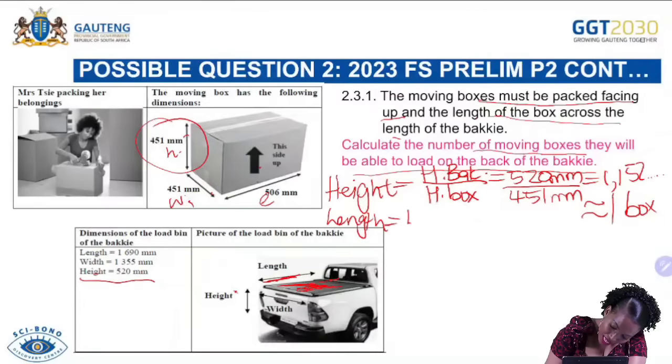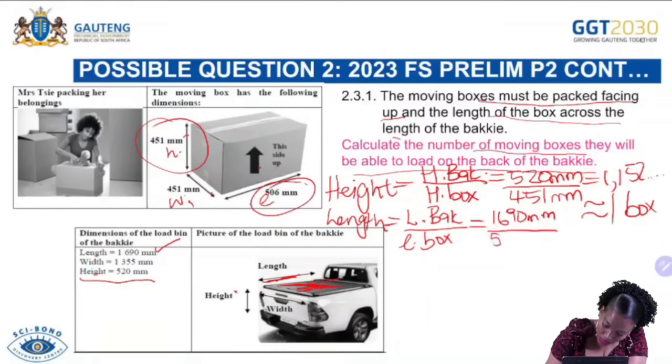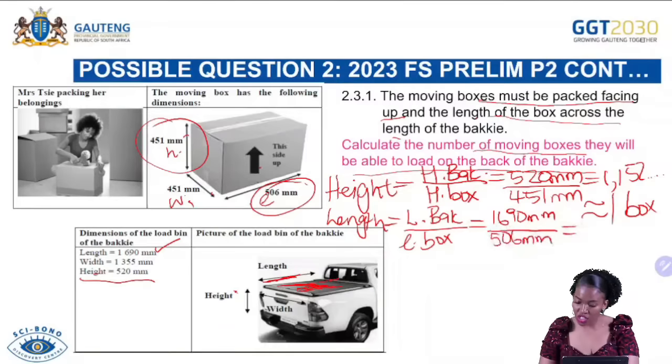And then if we do it lengthwise, it will be the length of the bakkie over the length of the box. What is the length of the bakkie? It is 1,690 millimeters over what is the length of the box? It is 506 millimeters. And then we punch in our calculators. 1690 divided by 506. What is the answer?